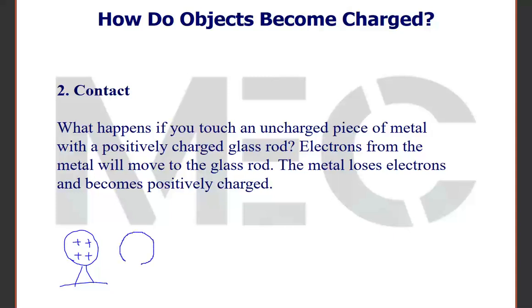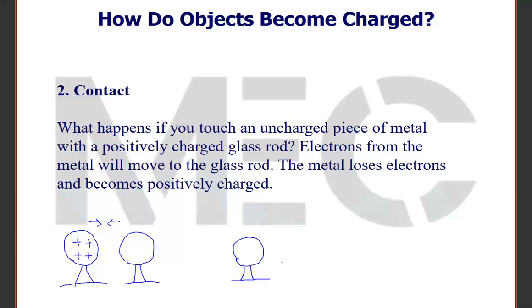And we have an identical sphere with no charge. Okay, if we bring them close to each other so that they touch each other, they will be something like this.